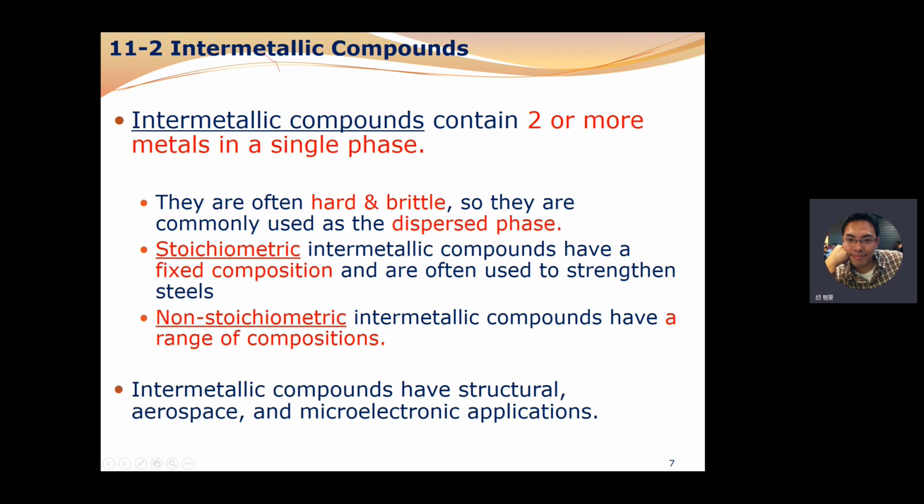So let's introduce another compound, called intermetallics, which contain two or more metals in a single phase. They are often hard and brittle, so they are commonly used as a dispersed phase. Stoichiometric intermetallic compounds have a fixed composition and are often used to strengthen steels.